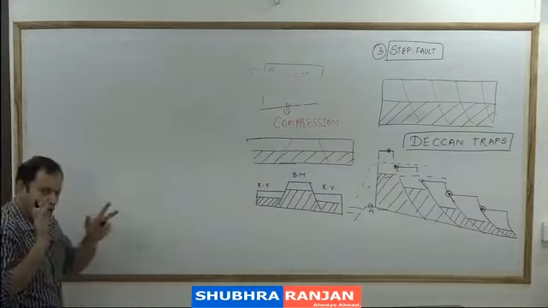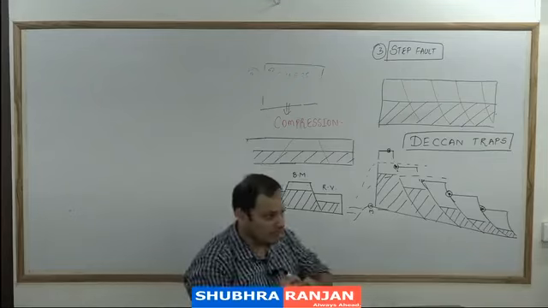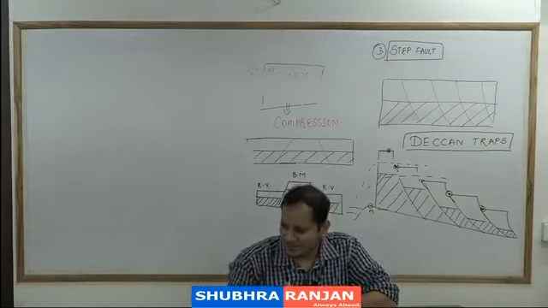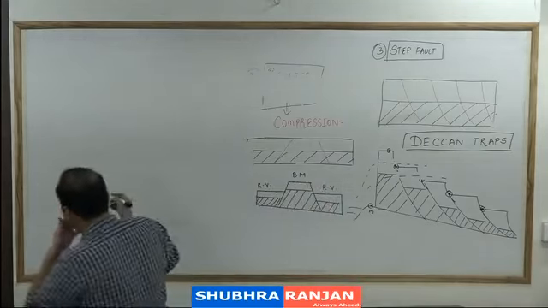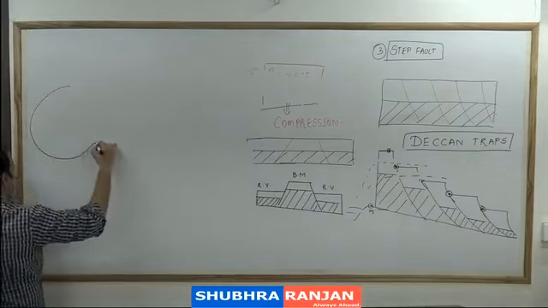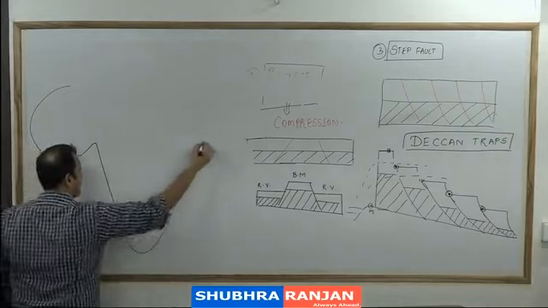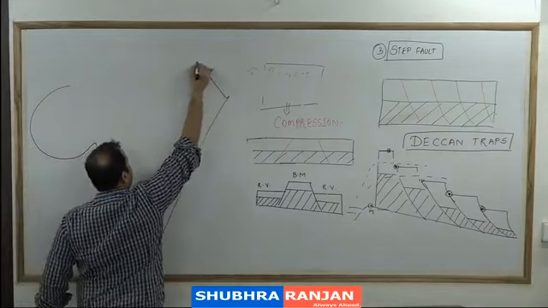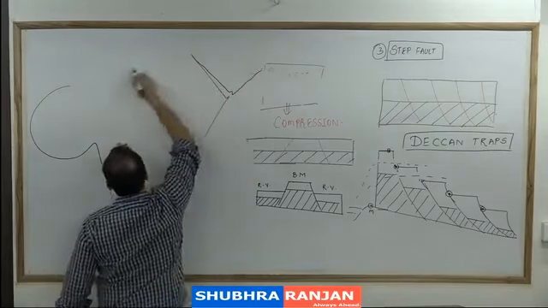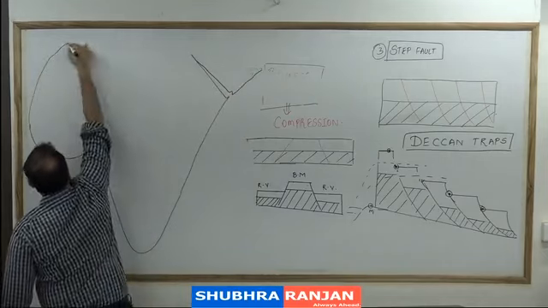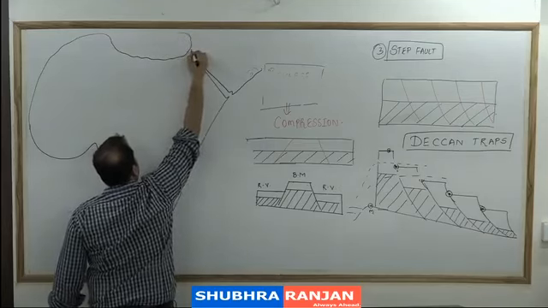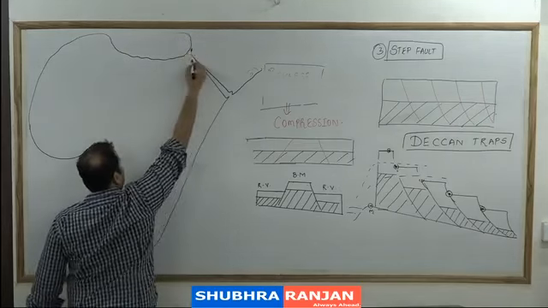So which is the longest fault system in the world? The longest fault system in the world is, look here. It starts from Syria, then the Dead Sea.